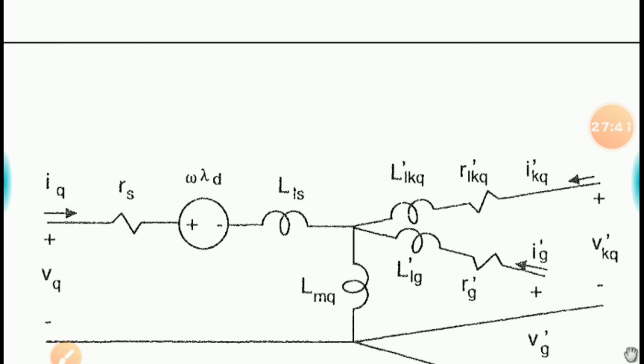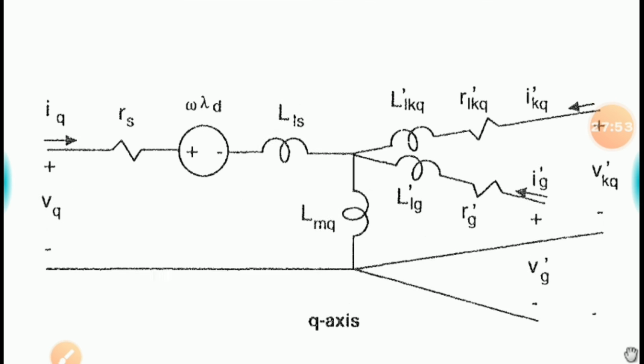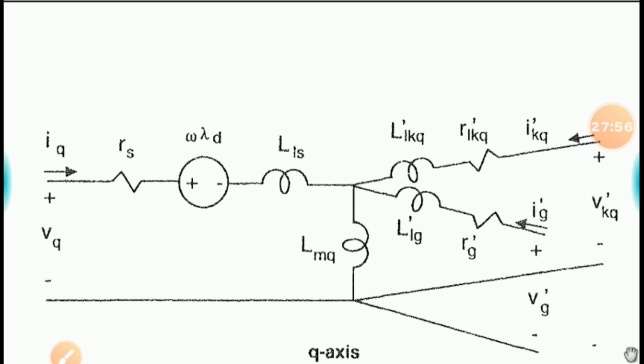They are stationary reference frame variables. So while we need to consider this phi q, we have to consider this omega lambda dt. But in case of these two, they never experience any such relative speed difference, that is why you will never get back EMF here for the VG double dash and VKQ double dash circuit, right?